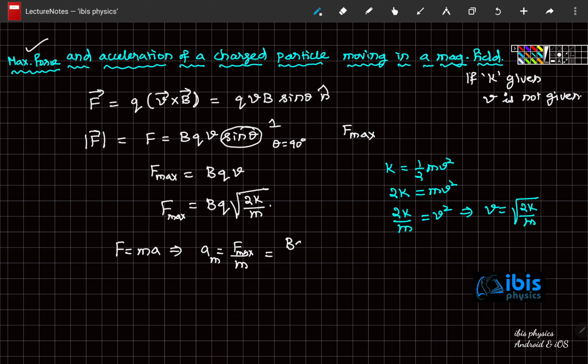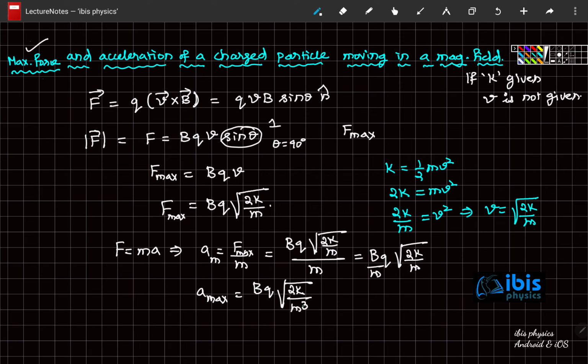Maximum force is B q into root over 2K by m, divided by m, which means the maximum acceleration equals B q. I'll bring this inside the square root, so let 2K be there. Taking one intermediate step, B q into root of B q by m into 2K by m. So this m going into the square root becomes m cube.